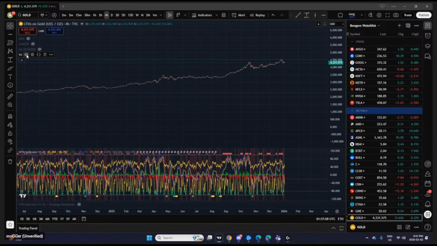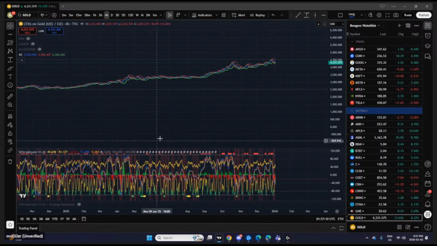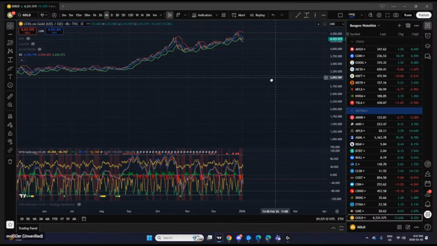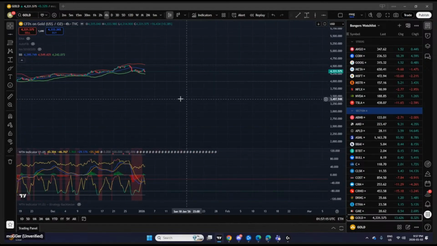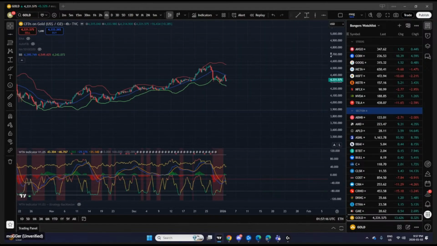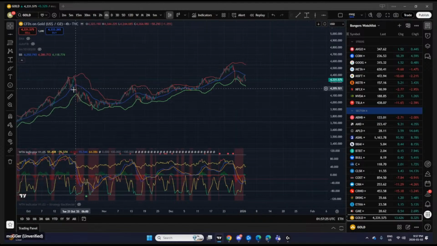Because these calls, we can't not take them. Look at that. So this is why I have this line set like this. Look, this is why.